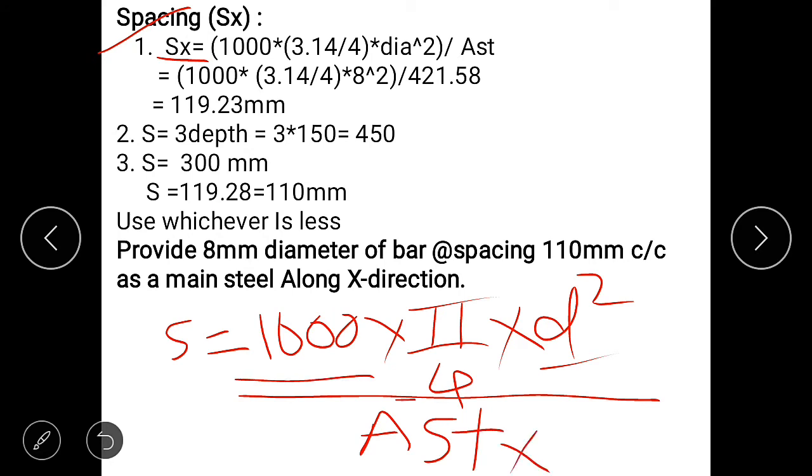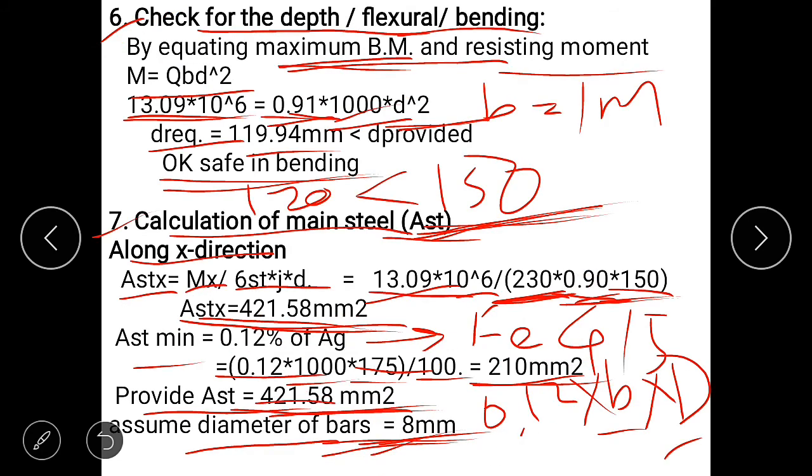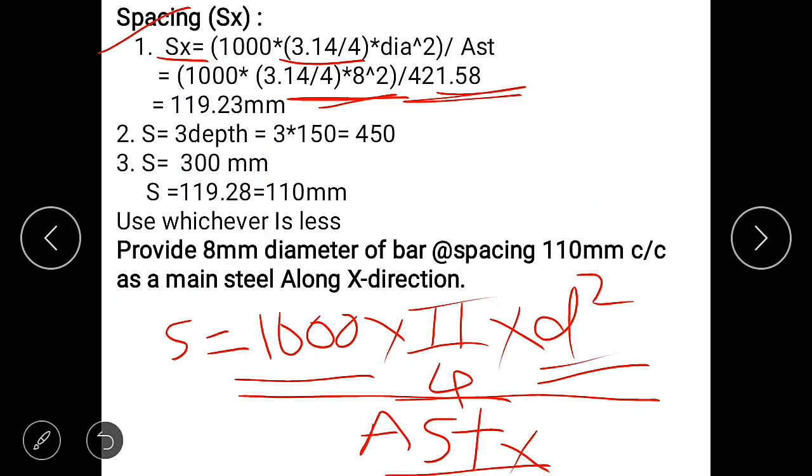So 1000 into pi by 4, pi means 3.14. Diameter of bar we provided here is 8 mm. AST we calculated in the last step is 421.58. So spacing comes to 119.23.